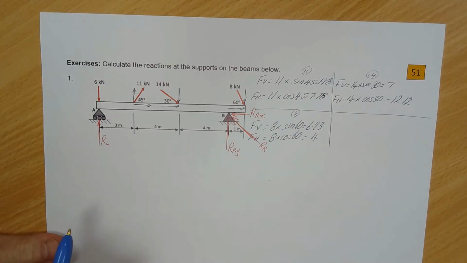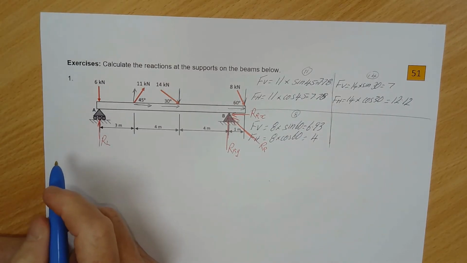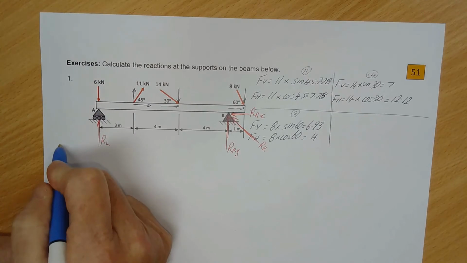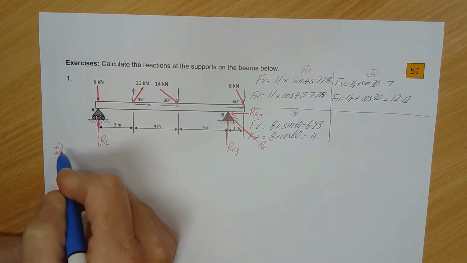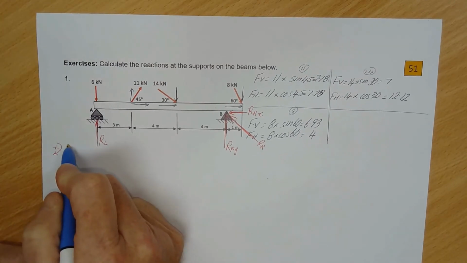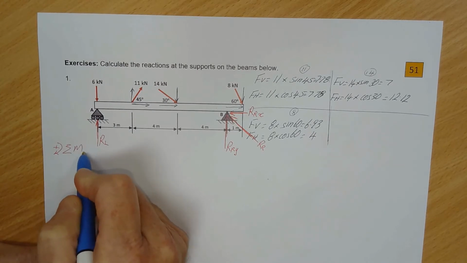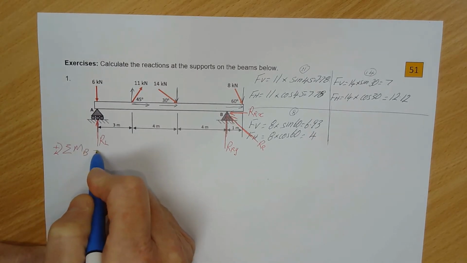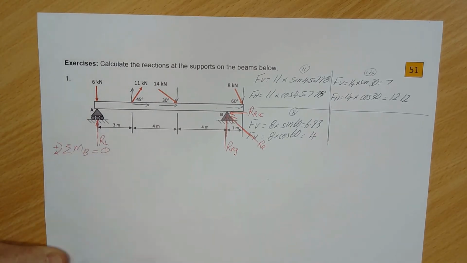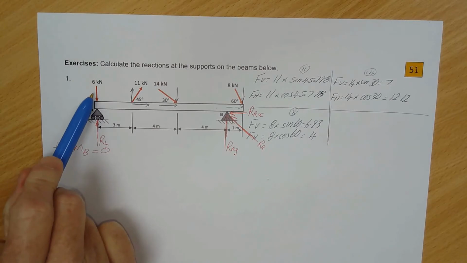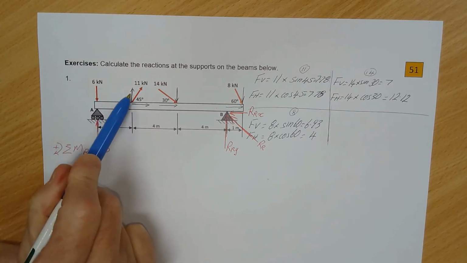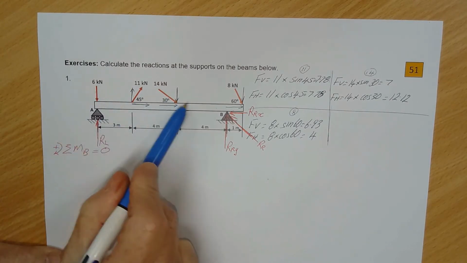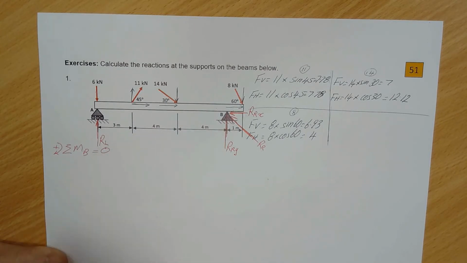So like I said, we can start with doing the sum of the moments about B. So I always have a positive value. Sum of the moments about B is equal to 0, and then we can do all the moments that we can see there. First one we look at, 6 kilonewtons vertical component, as well as the RL.